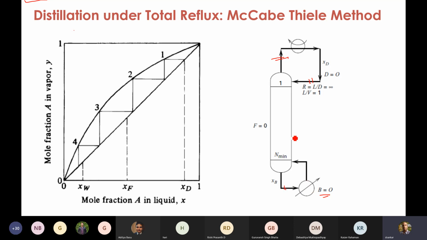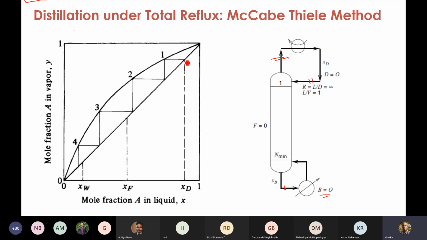Now, under this condition, if you consider the intercept XD by R plus 1 on the Y axis, that will come to 0. Both the operating lines, the rectifying section and stripping section operating lines, will collapse onto the 45-degree diagonal. So you do not have a Q line.